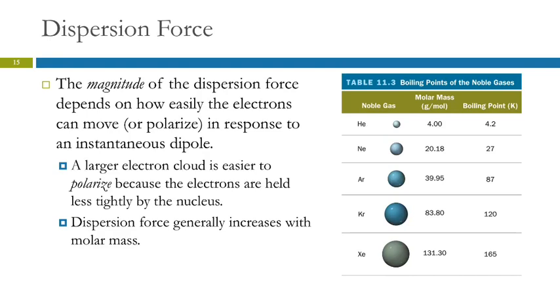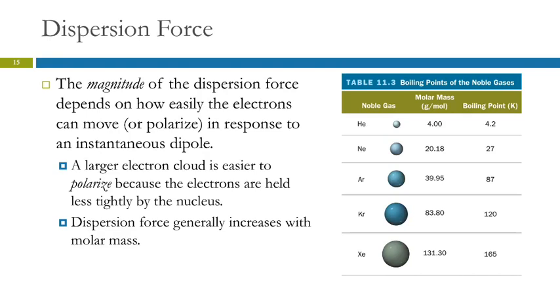It's easier for the electrons to get lopsided. They are held less tightly to the nucleus. The outer ones are much farther from the nucleus, so they're more able to jiggle around and get lopsided. So as atomic size increases, the strength of the dispersion force increases.